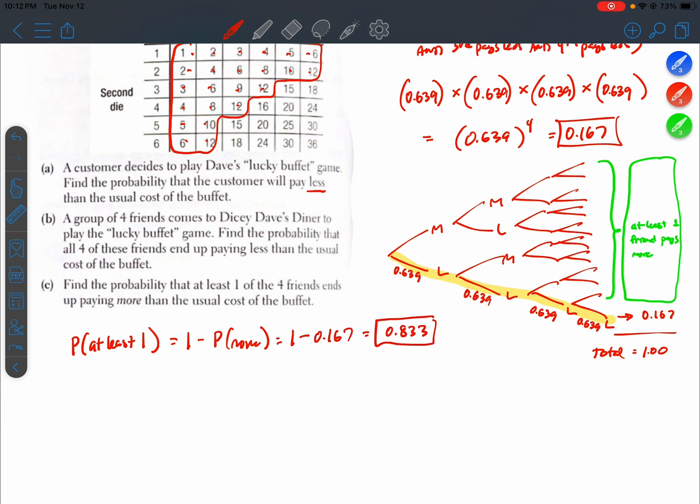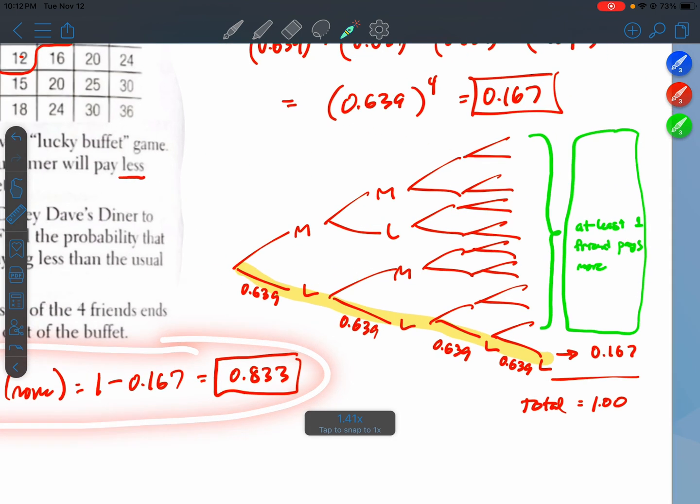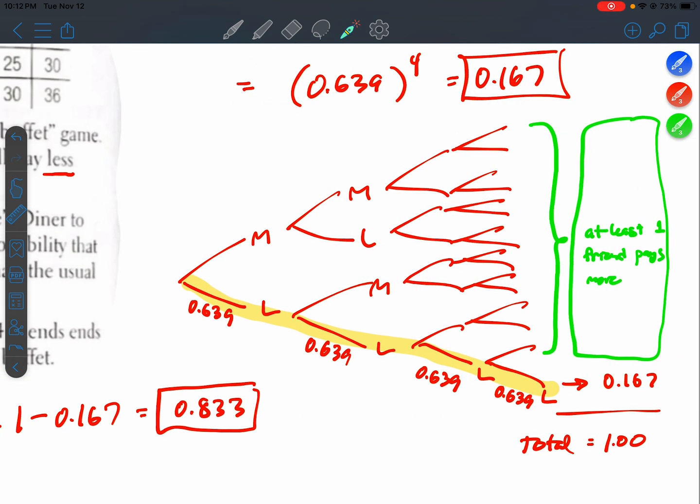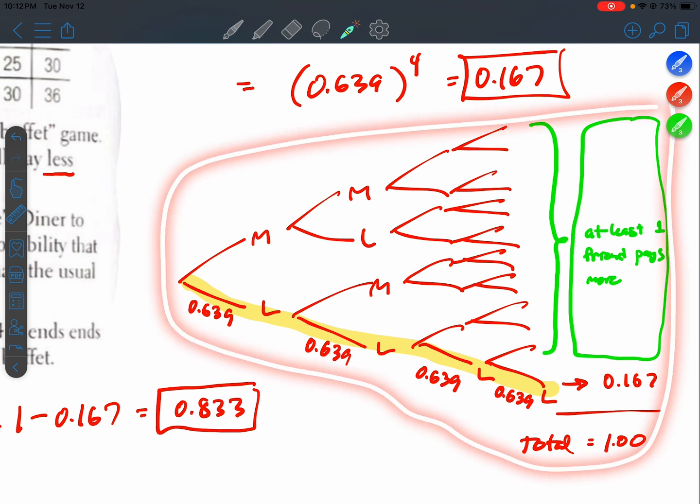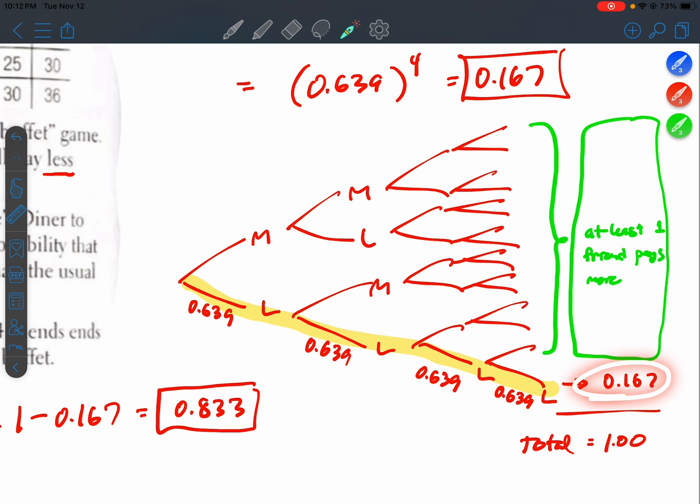Yeah, about 83%. Again, I showed you with the formula, but I find it a lot more intuitive to think of it as a tree diagram where there's only the one outcome where all the friends pay less, and all the other outcomes would qualify as at least one friend paying more, and you just do simple subtraction there.